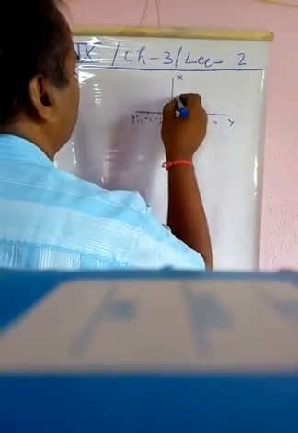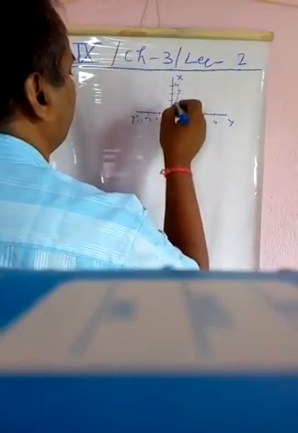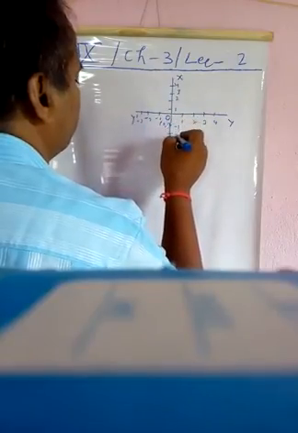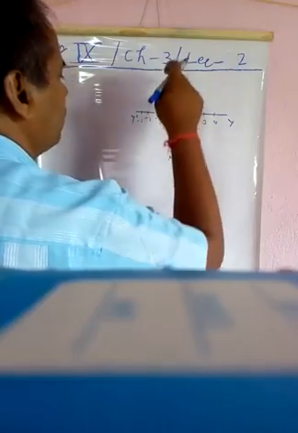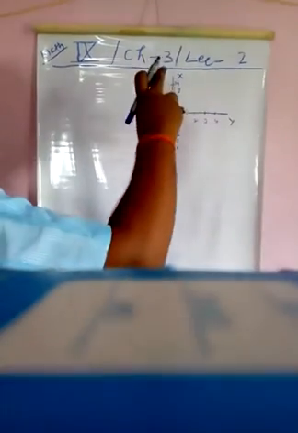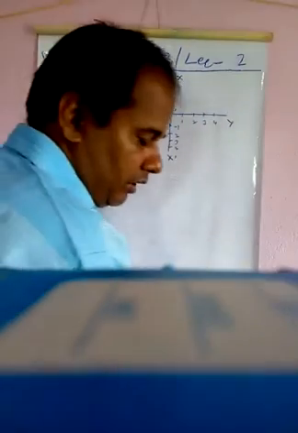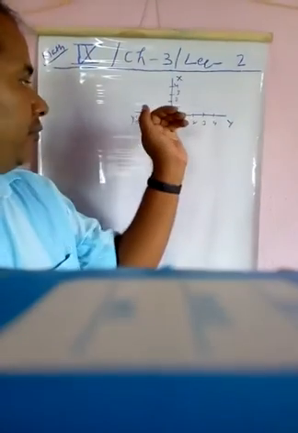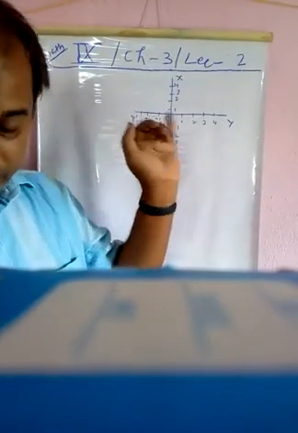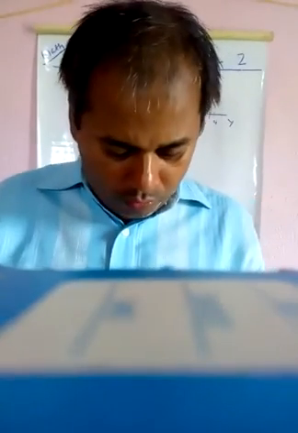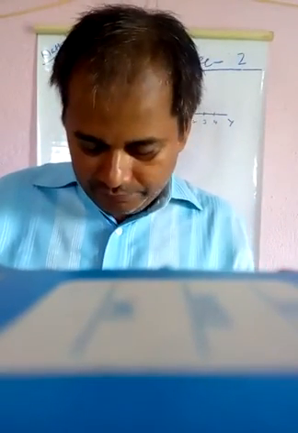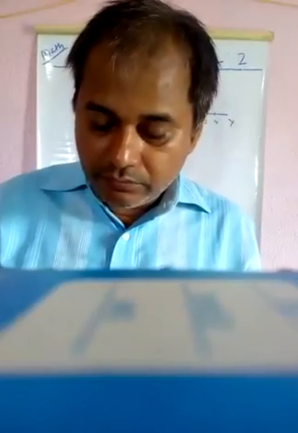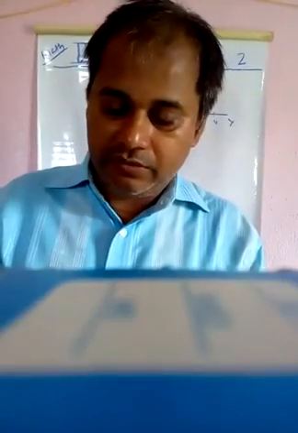Here 1, here 2, here 3, here 4, and downside is -1, -2, -3, -4. This is also a number line, but one is horizontal and one is vertical, and their intersection point is O. O is the origin.